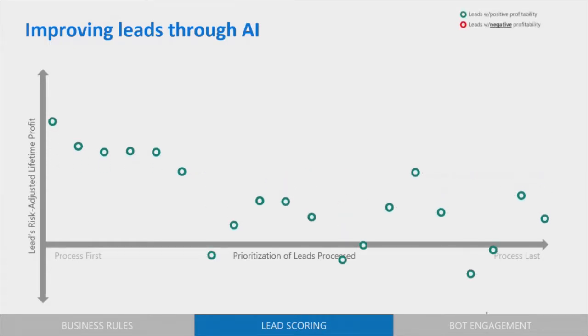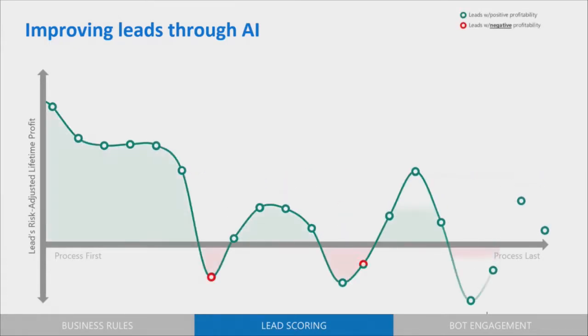Now we move over to lead scoring. The way that we used to do lead scoring is we would do rules-based, points-based lead scoring. So for instance, if you attended a webinar, we would give you 10 points. If you downloaded an ebook, we would give you, for example, 5 points. And then once you crossed a certain threshold, we would send you to a seller.